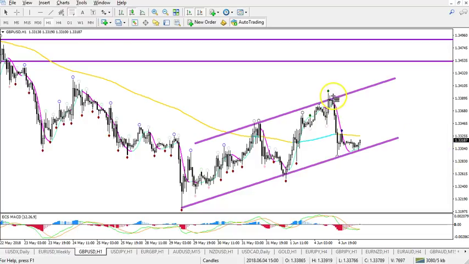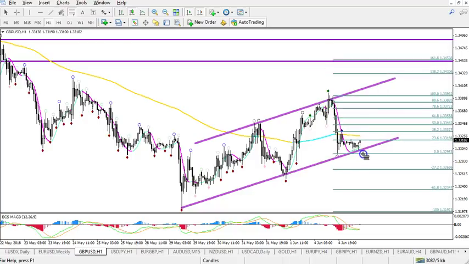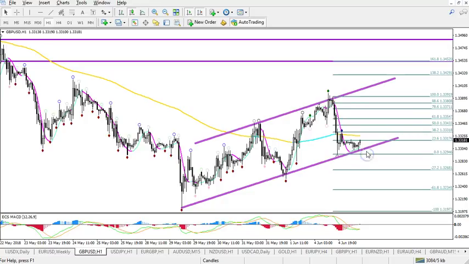So from my point of view, if I put a fib from here to here, key level is probably the 38 and 50 fib, right? Because if it breaks above that, then this is not looking like a 5-wave pattern anymore, but more like an ABC pattern. So a break above this zone, I think, makes upside towards 134.50, 135 more likely.